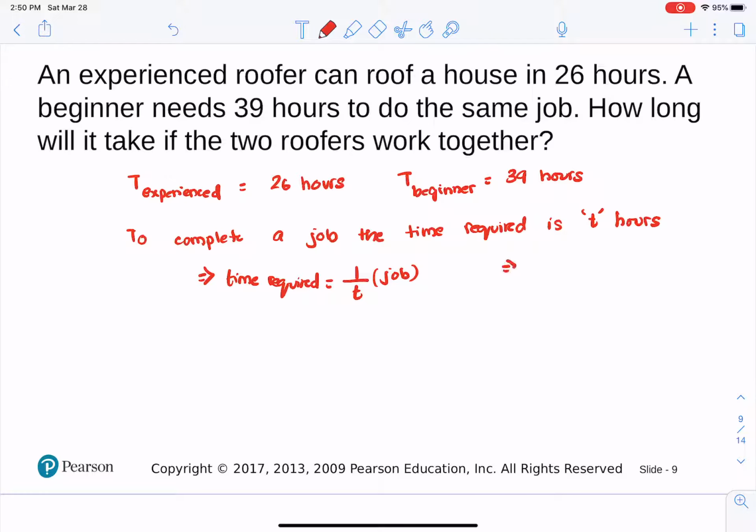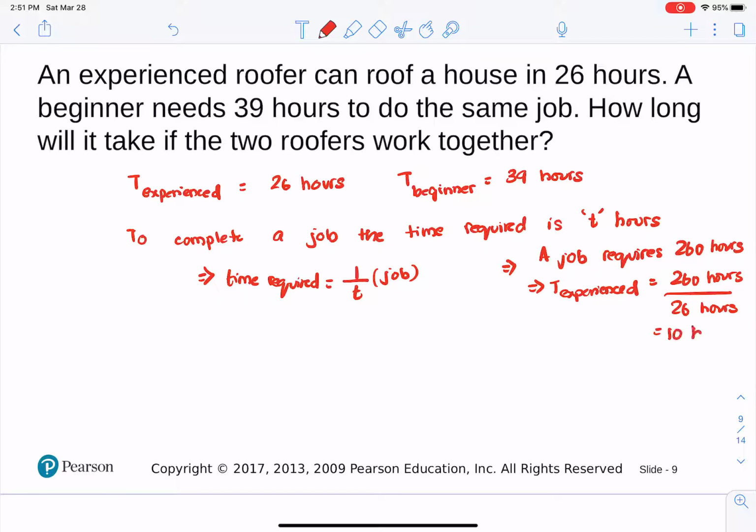So in other words, let's say a job requires 260 hours. This would imply the experienced person can complete the job in 260 hours divided by 26 hours, which would be 10 hours.